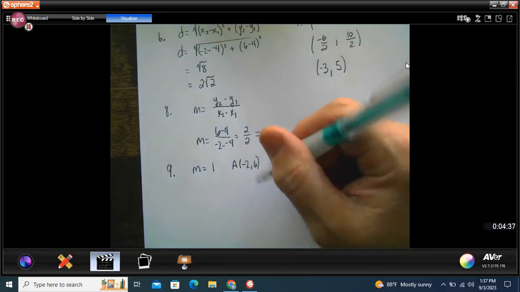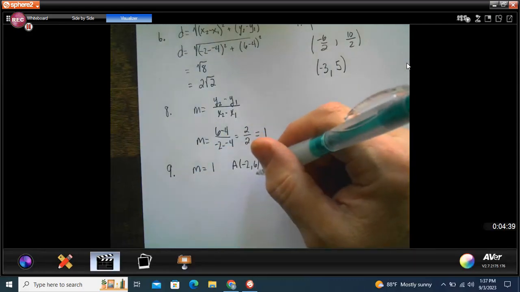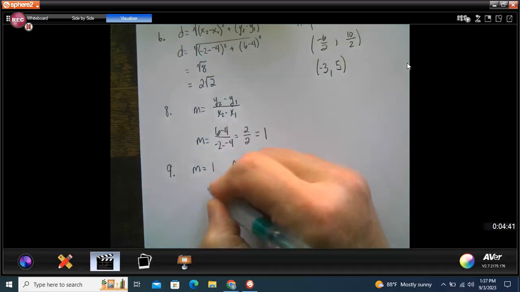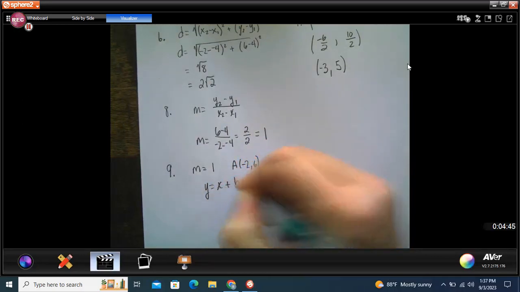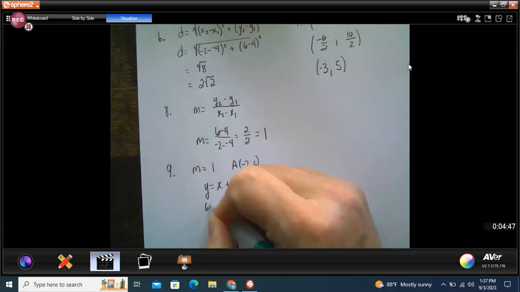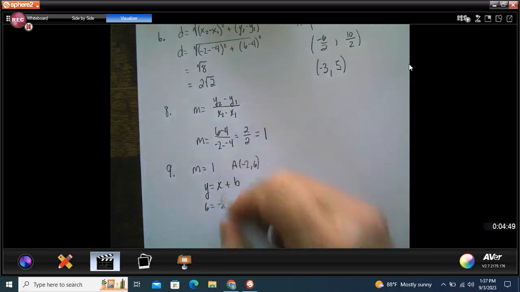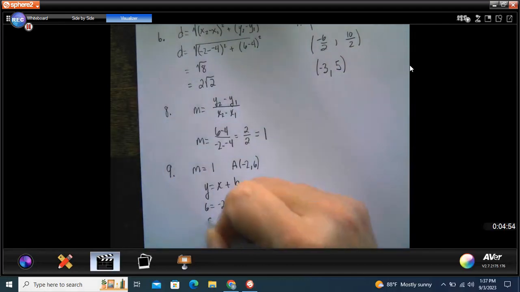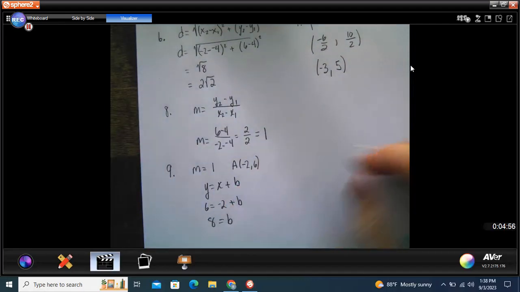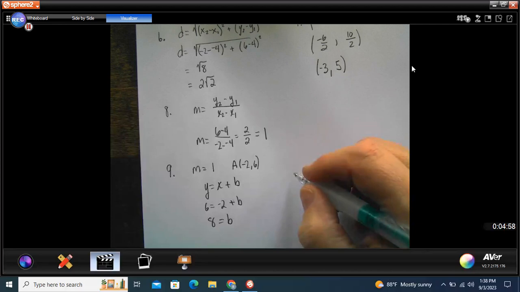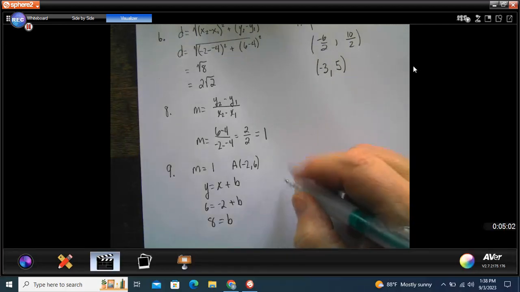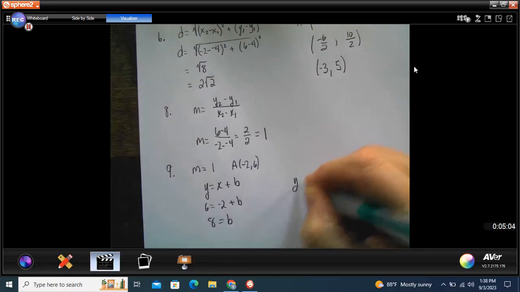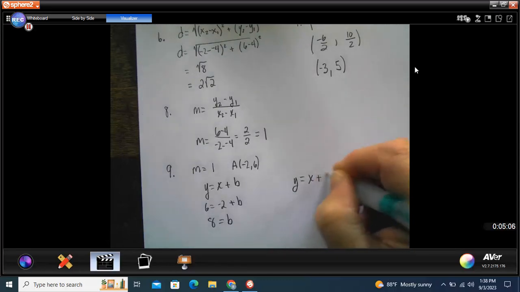I think you guys prefer using the slope intercept method, so I'll do that. y equals x plus b, then I plug in 6 for y and -2 for x, and I solve that for b. b is 8. So the equation of this line in slope intercept form, because that's what it's asking for, is y equals x plus 8.